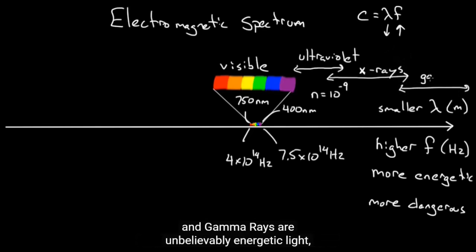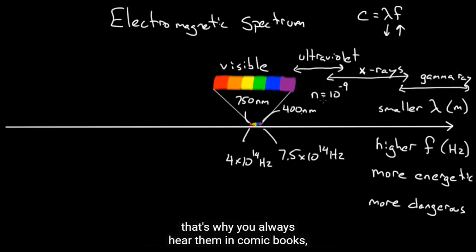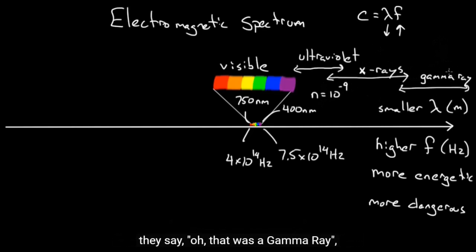Gamma rays are unbelievably energetic light, and these are very dangerous. These come from space or from some sort of nuclear reaction. That's why you always hear them in comic books. When people want to blame why some hero was created, they say, oh, that was a gamma ray, because it just sounds really powerful. It won't turn people into superheroes, but it's very energetic.